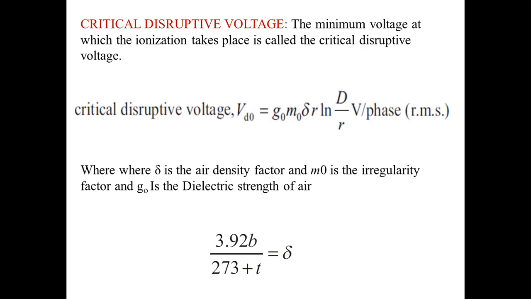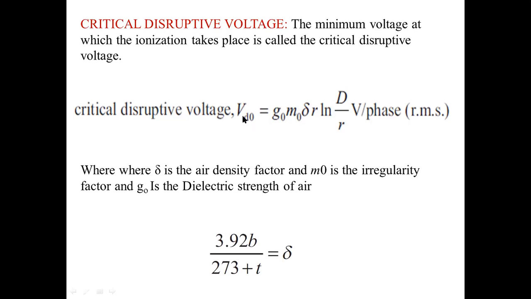Now coming to the numerical side of the corona effect. The disruptive critical voltage is the minimum voltage at which ionization takes place. This is called the critical disruptive voltage, and its formula is Vd naught. Vd is the critical disruptive voltage and does not represent the audible.